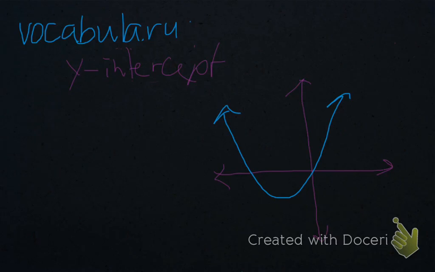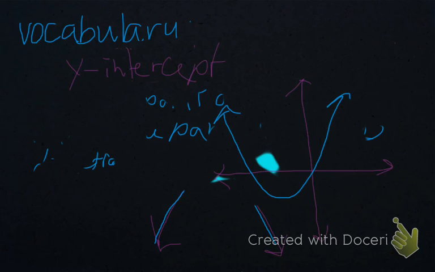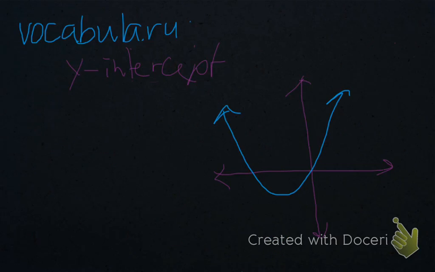So if I drew this parabola, our y-intercept would be this point right here. And what's important to note is for the y-intercept, x always equals 0. So you can use that to actually solve for the y-intercept, as we'll see later. And that's all the vocabulary terms.